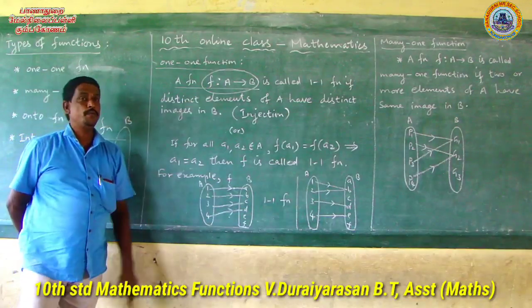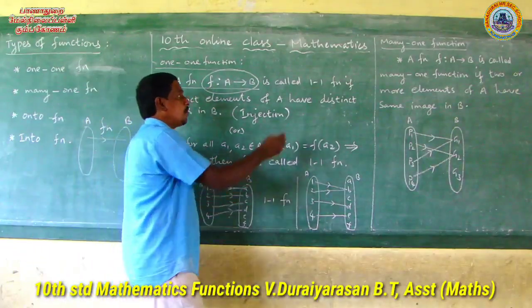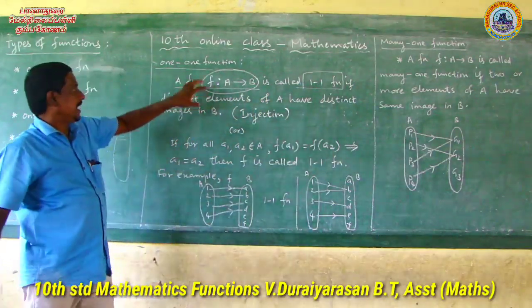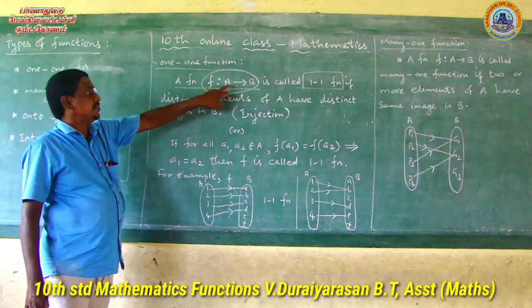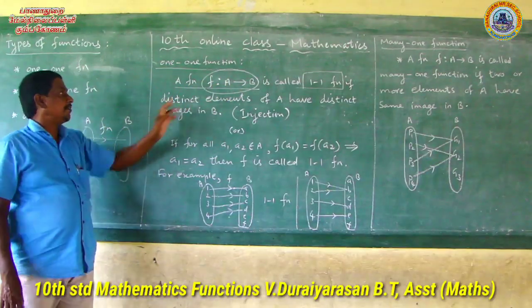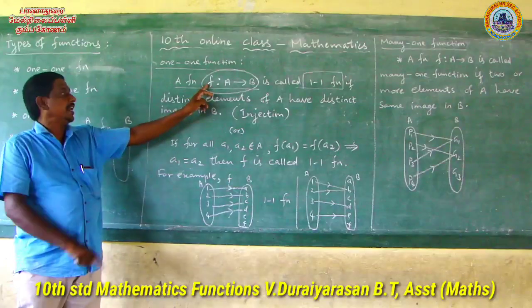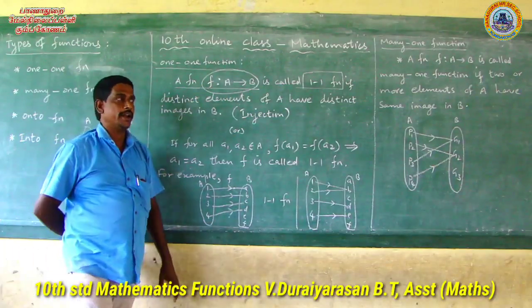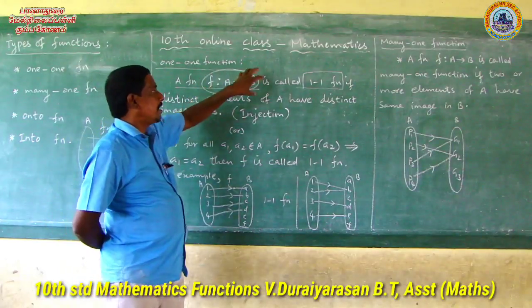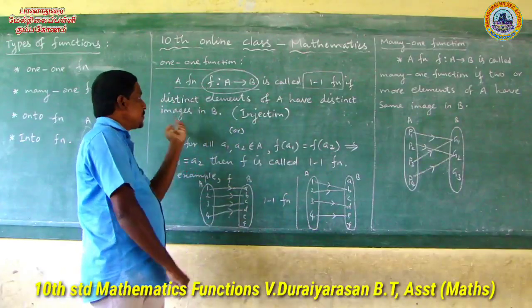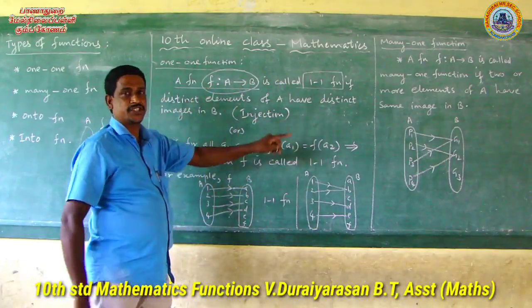A function f from A to B is called one-to-one function. A is a domain, B is a codomain, and f is a function. A function f from A to B is called one-to-one if it satisfies the given conditions.